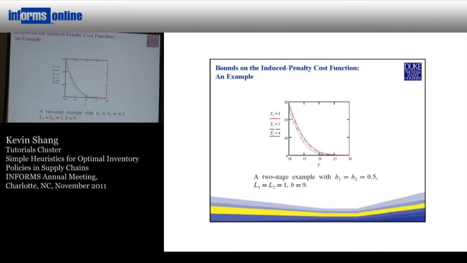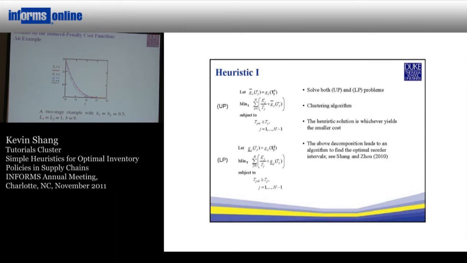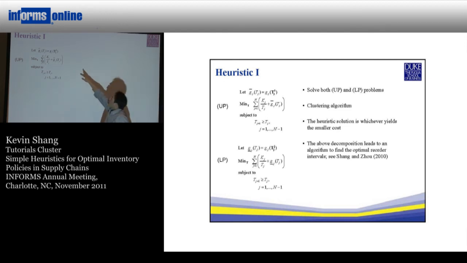And since it's so tight, because we are talking about variability benefit, right? So since it's so tight, the heuristic here, I'm using the upper bound. So as you can see, this becomes the function of TJ only, the sum of TJ, okay? And solving another problem is a lower bound problem, which I'm just using the lower bound of induced penalty function.